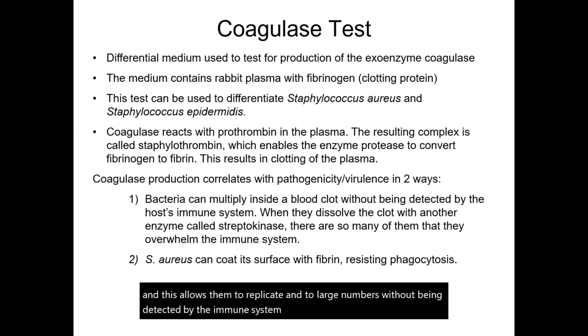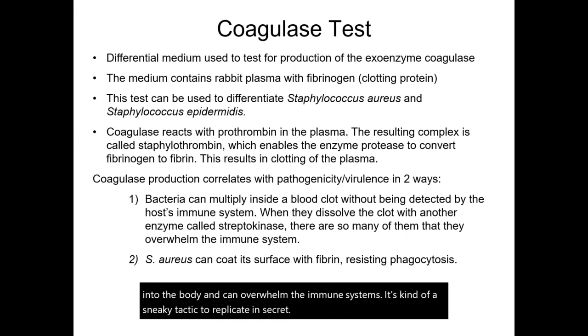Then once the pathogen has replicated and replicated, and there's tons of them, it can dissolve the blood clot using something like a hemolysin, which we'll learn about in our blood agar plate discussion. And then suddenly tons of pathogens are released into the body and can overwhelm the immune system. So it's kind of a sneaky tactic to replicate in secret.